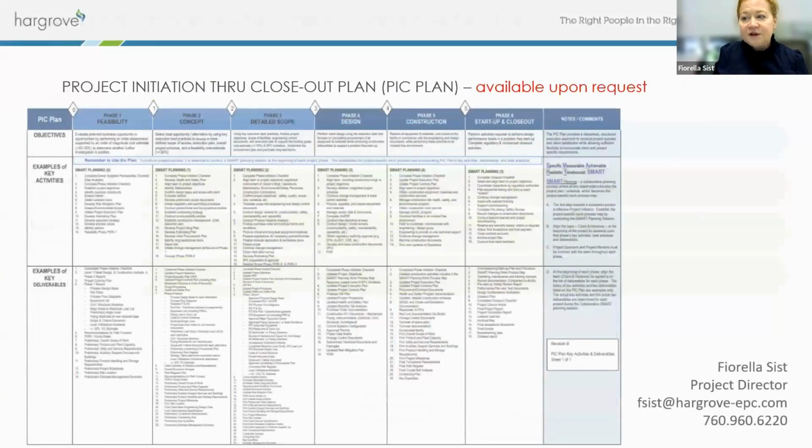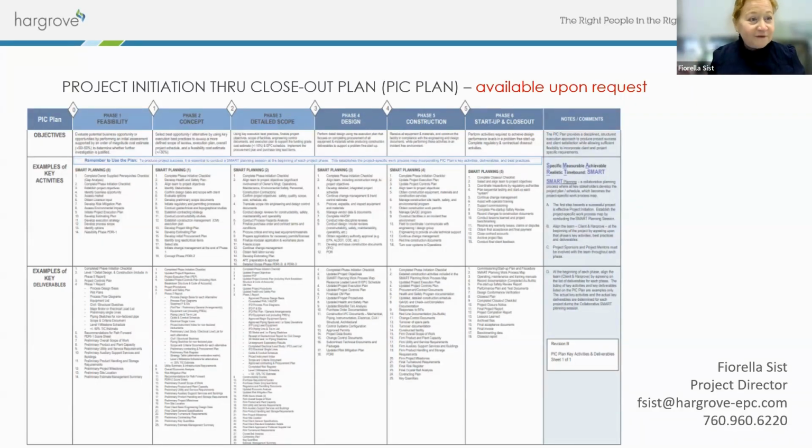So here's a one sheet that shows all the key activities as well as deliverables. And when I say deliverables, I'm talking about engineering designs, the plans, the check sheets that are created at each stage. Now, you'll see my contact information there.